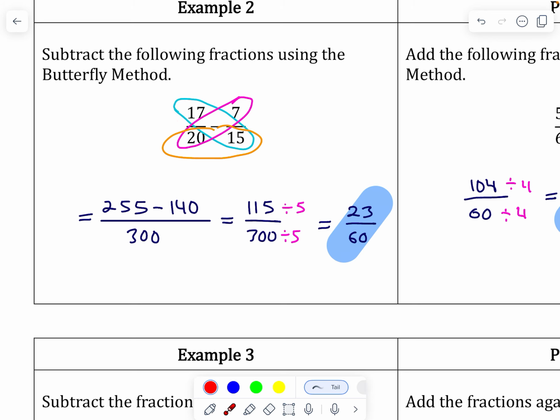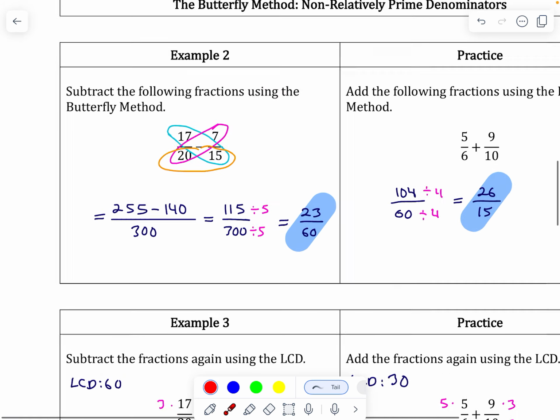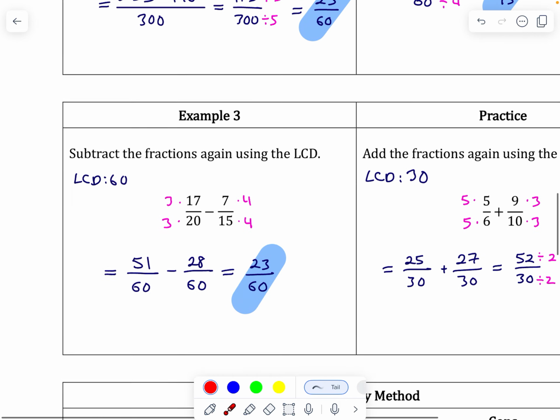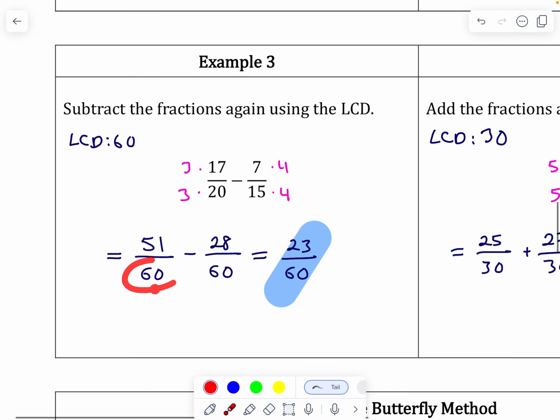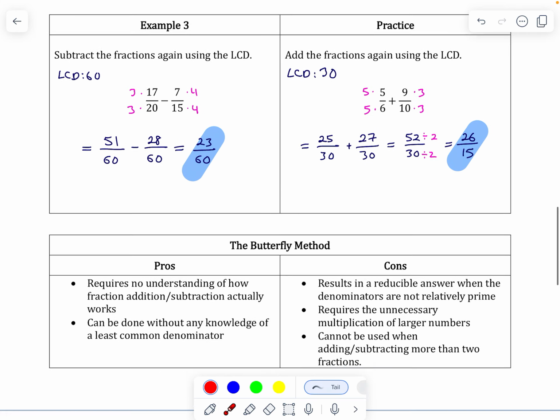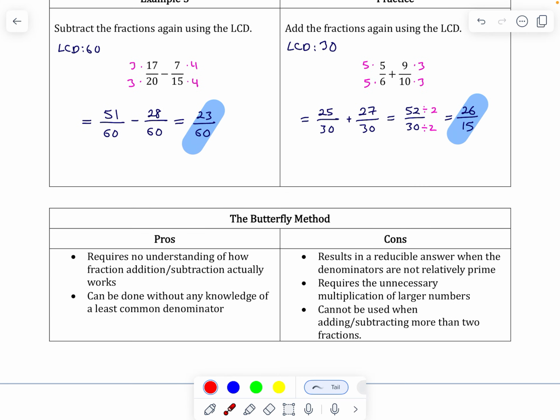I myself needed to use a calculator for that. Now, when we used the LCD, we didn't get numbers that were nearly as big as 255, 140, or 300. The largest number we had to deal with in example 3 was 60. And I would argue that this is a huge benefit of using the LCD and a big limitation of the butterfly method, right? Overall, it would be nicer to not have to deal with large numbers.